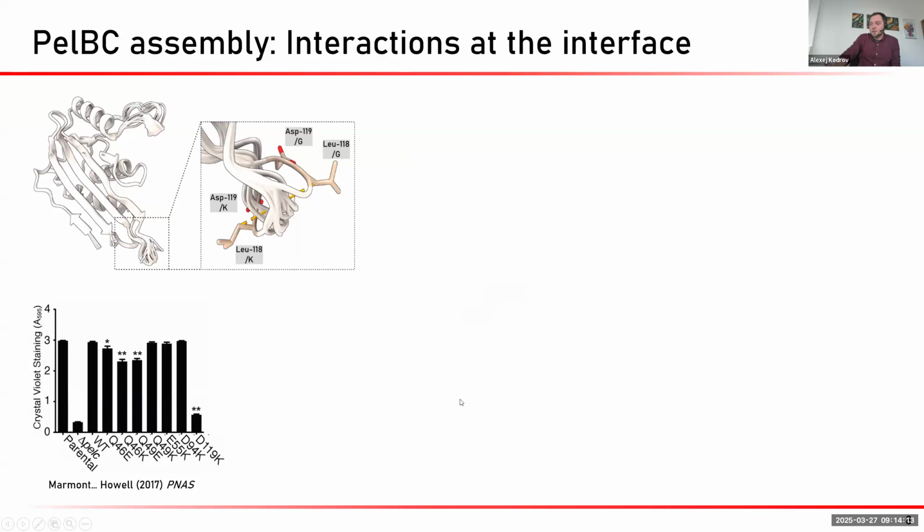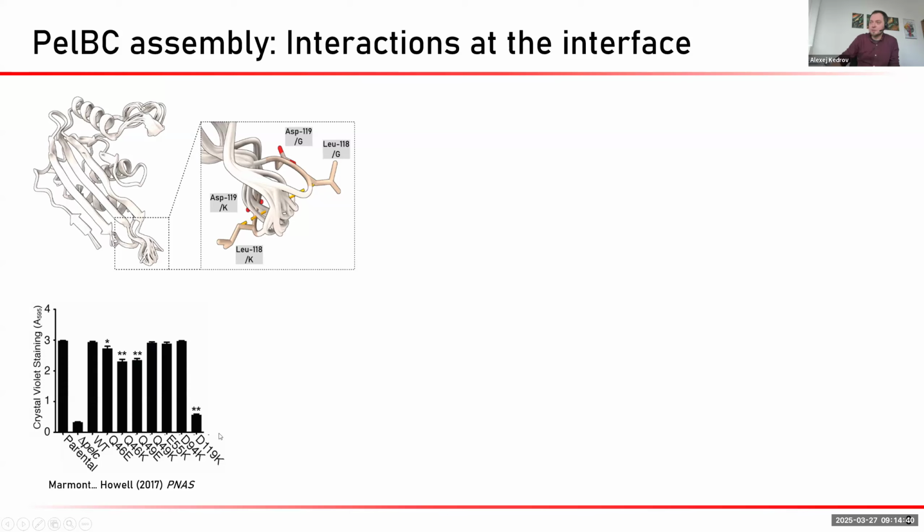Previous functional studies from Lynn Howell's lab suggested that the charge is important. They generated a number of mutants and showed that for a particular aspartate in this PelC ring, once the charge is inverted, biofilm formation is nearly abolished, which tells that either polysaccharide transport is deficient or maybe the PelBC complex is not assembled.